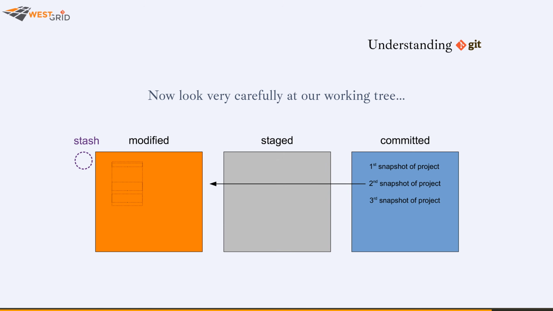So look extremely carefully at our working tree. Of course, because it is clean, Git is not going to show anything in the modified state. But if you go to your project, the files look like they're at their latest stage.